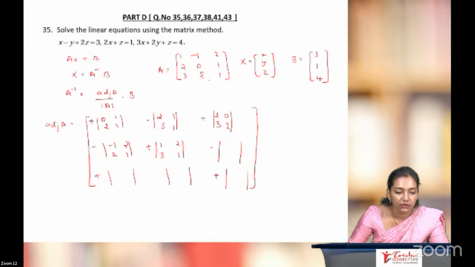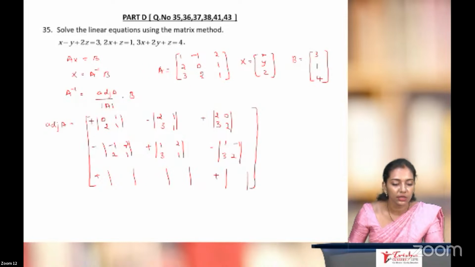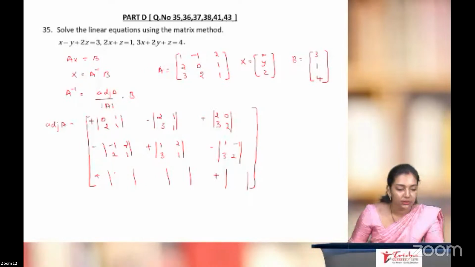Next, for this one, you have 1, minus 1, 3, 2. Delete the row and the column in which it is present, so the remaining are 1, minus 1, 3 and 2. Next is for the 3. The first row, first column and the third row are deleted.